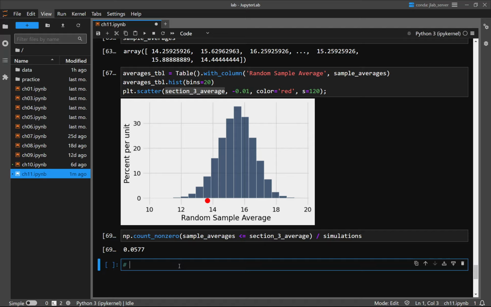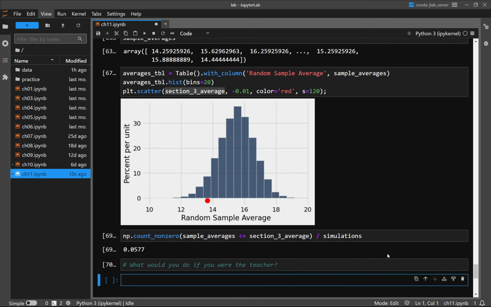So I guess the question of the day is, if you were the instructor, what would you do? Because it looks like it really is the case that 5.78% of the time, you really will get a section performing that badly just due to random chance. That's really close to 5, though. What would you do?